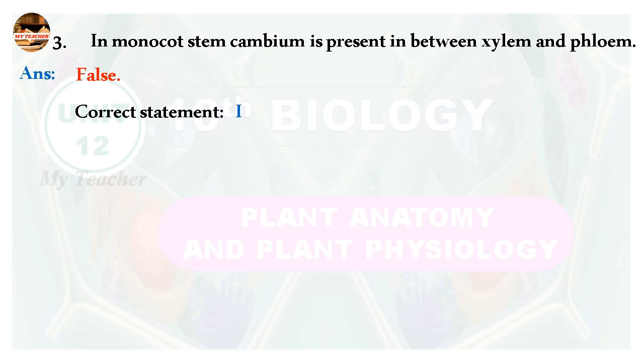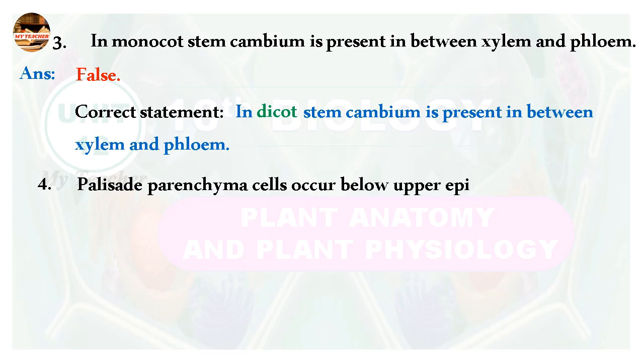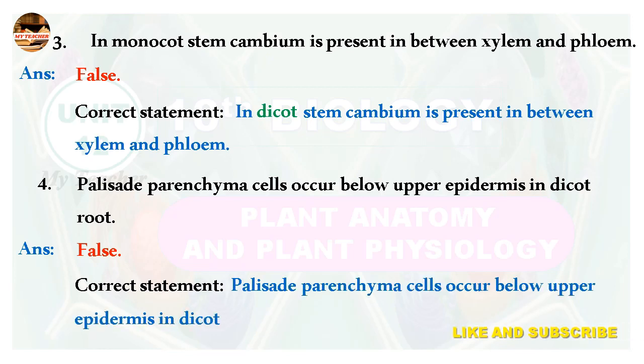Correct statement: in dicot stem, cambium is present in between xylem and phloem. Fourth question, palisade parenchyma cells occur below upper epidermis in dicot root. Answer, false. Correct statement is palisade parenchyma cells occur below upper epidermis in dicot leaf.